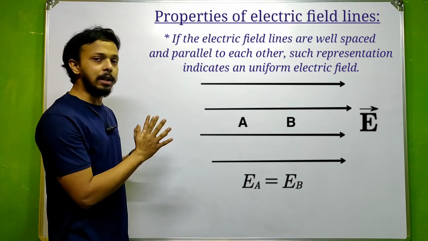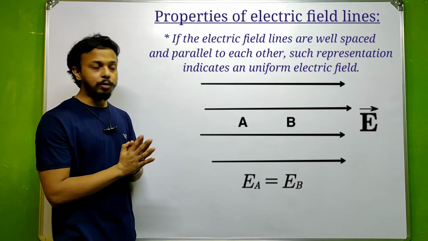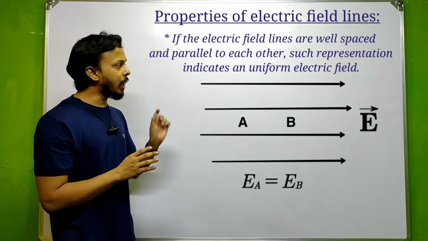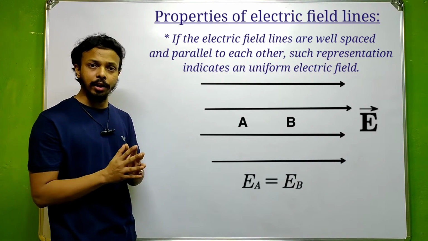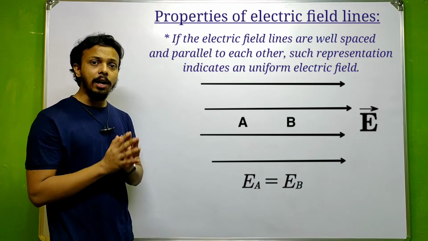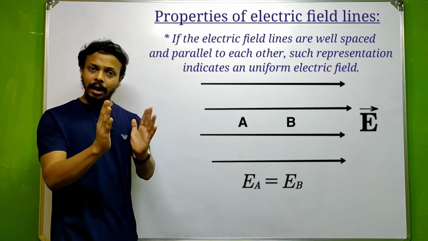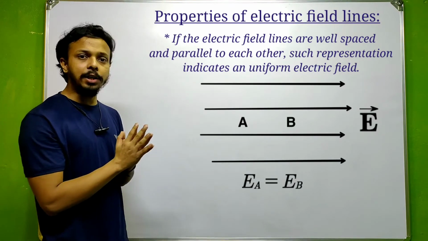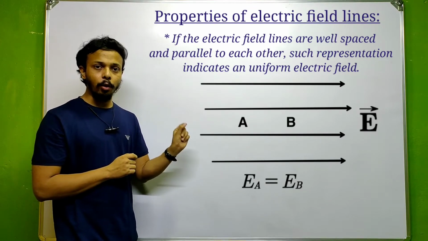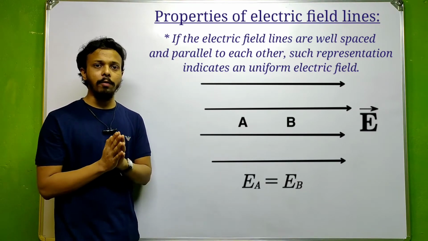Why? Because this is a uniform electric field. At any point the electric field strength is the same. So if the electric field lines are well separated and parallel to each other, such a representation indicates a uniform electric field.